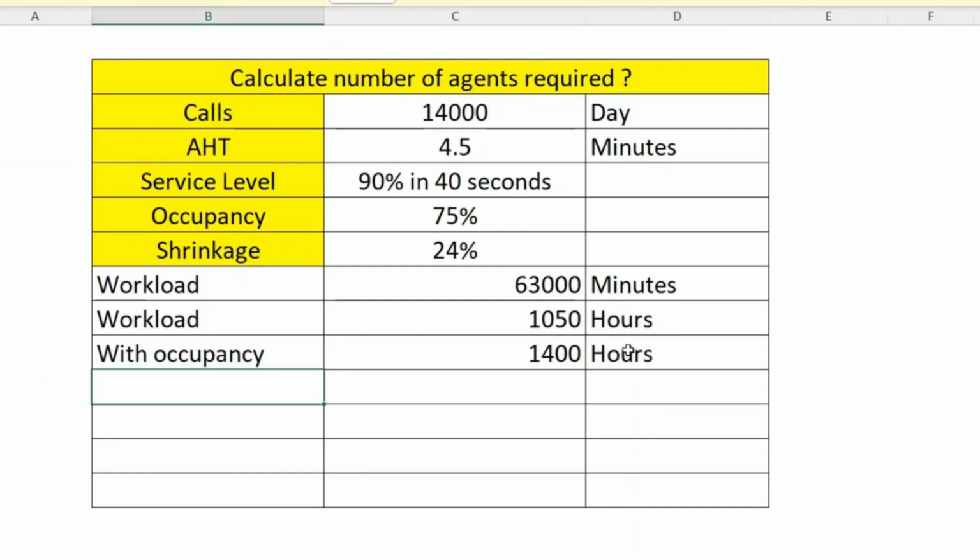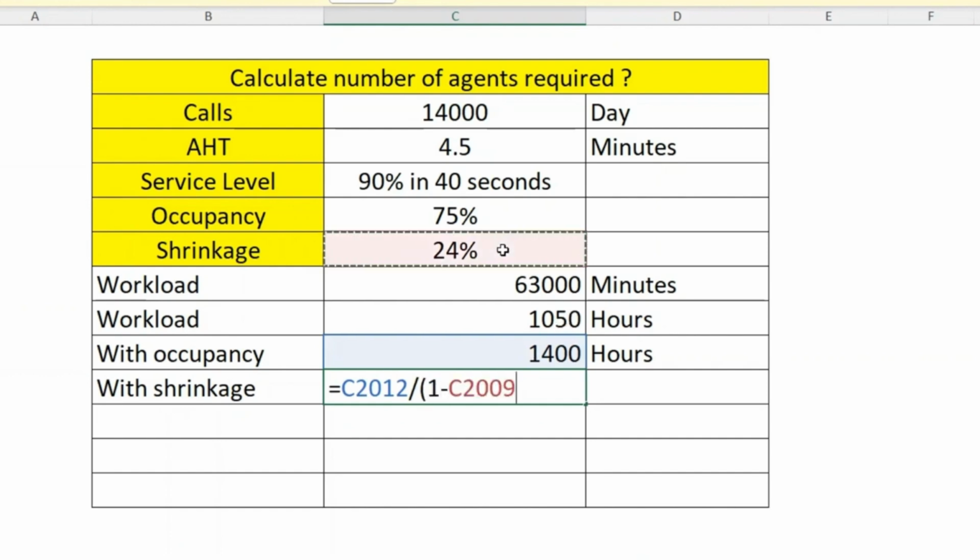And then we have to apply the shrinkage. Let me just put it down. With shrinkage, apply the shrinkage on occupancy hours divided by bracket open 1 minus 24% bracket close and enter. So these are the number of hours we have after applying the shrinkage.